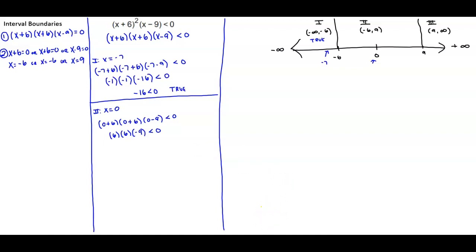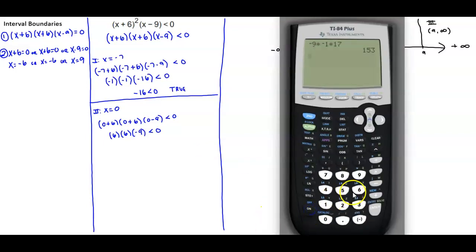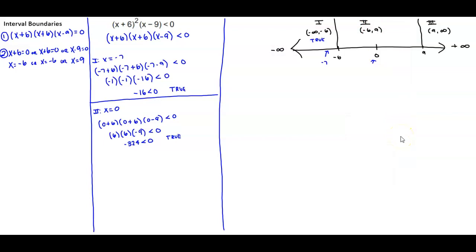If we take 6 times 6 times 9, that gives us 324, and this is negative, so it's negative 324, which is less than 0, and therefore that is also a true statement. So it's true for the second region.